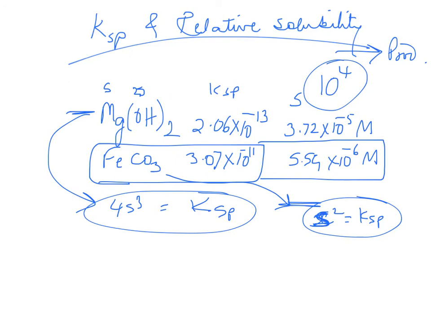So it's a within-the-same-salt-type scenario, in accordance with the law of mass action that we were talking about. Any direct comparison of KSP values for two different compounds, if you wanted to compare magnesium hydroxide to something else, well, pick something like strontium hydroxide or calcium hydroxide, because you know that the stoichiometry is going to be exactly the same, and so you would be looking at a 4S cubed type of format.